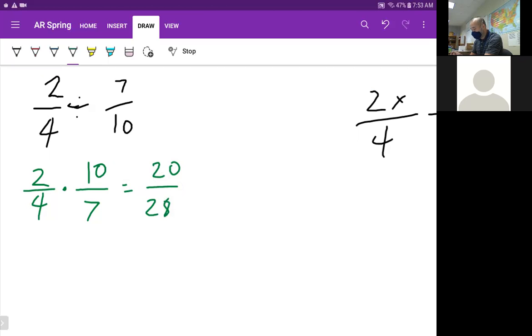And then that reduces. 4 is a factor, I think. So 5 over 7. All right, 7 times 4 is 28. 5 times 4 is 20. Yep.